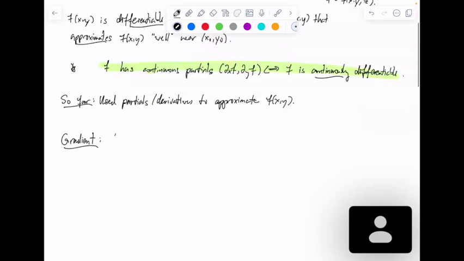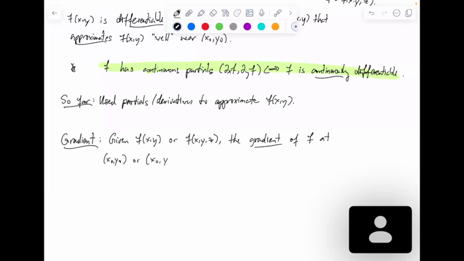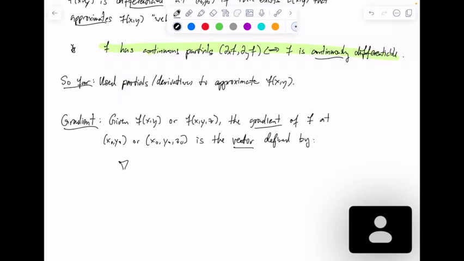So given f of xy or f of xyz, the gradient of f at a point x naught, y naught, or let's say x naught, y naught, z naught, is the vector defined by, well, we notate it with an upside down triangle. That's called nabla.